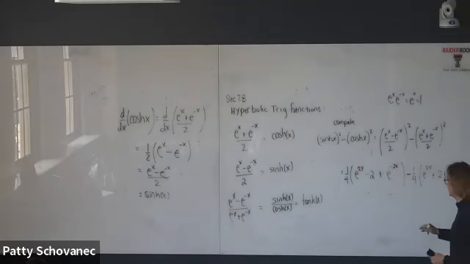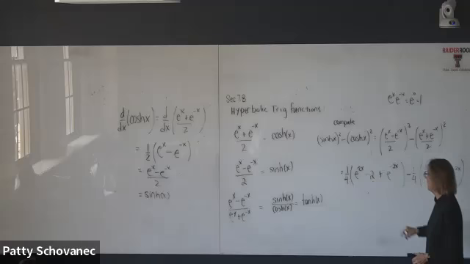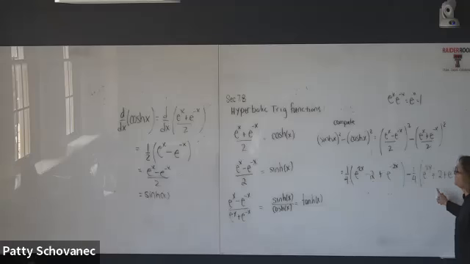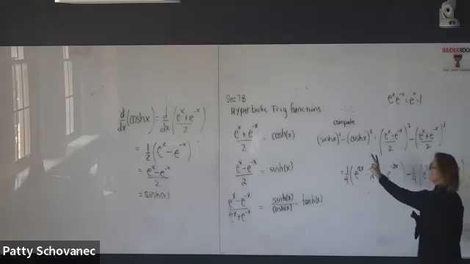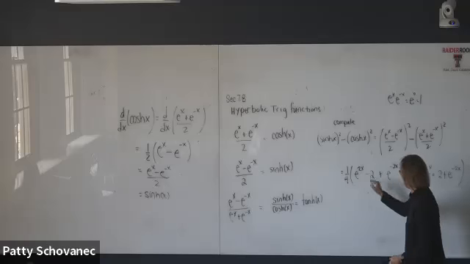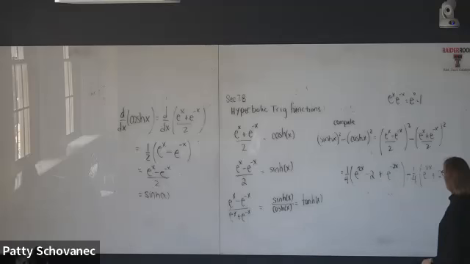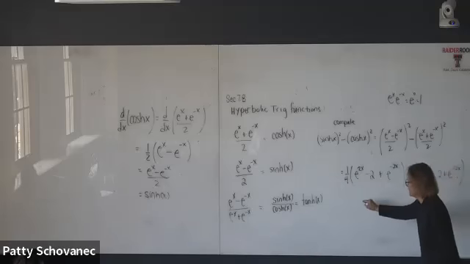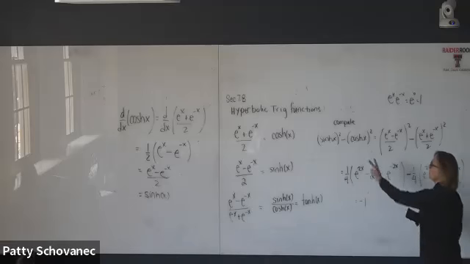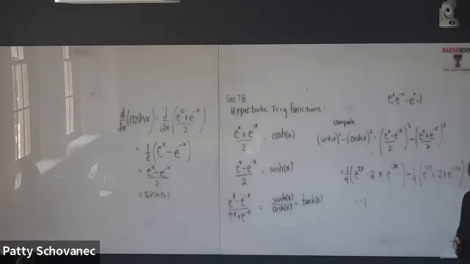Let's see, if that's a minus, I get a 1/2. I get a minus when I wrote it backwards. That one's going to add out with that one, that one's going to add out with that one, and I get 2/2. So here I get a -1. So cosine squared minus sine squared will give you +1. So the moral of the story, other than my clumsy calculation, is we have some versions of all of our Pythagorean identities.